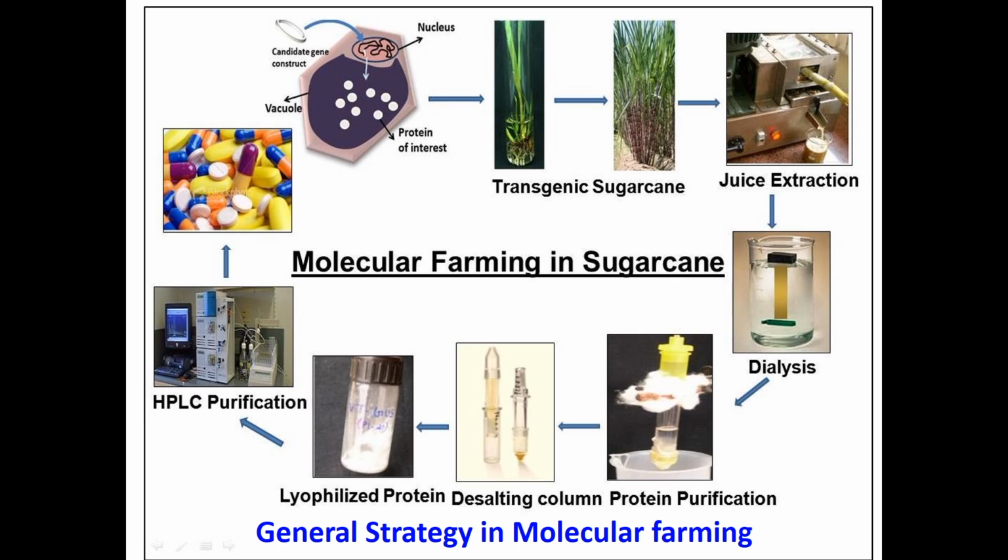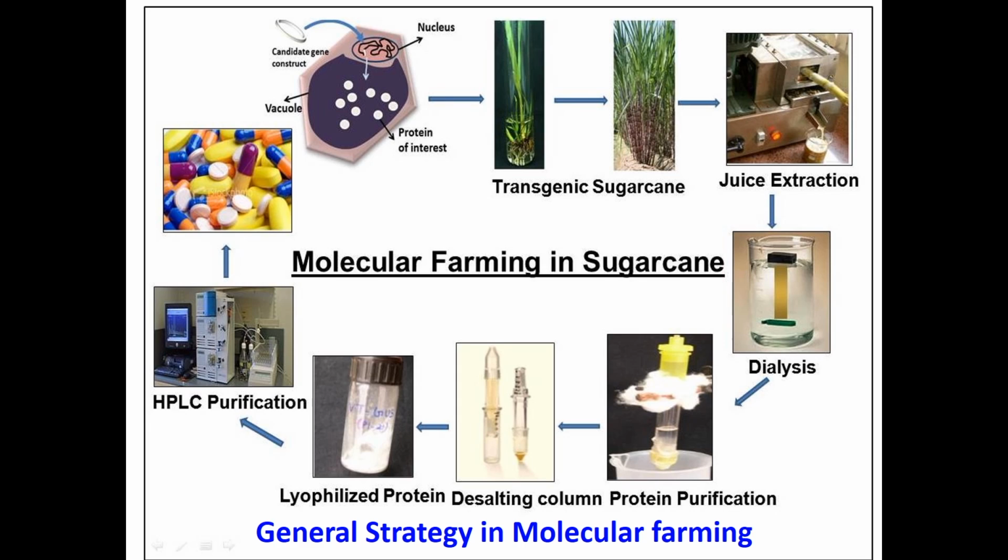In another way, we also develop transgenics through the particle bombardment method. In that method, instead of Agrobacterium-mediated transfer, we directly bombard the callus with plasmids carrying the recombinant DNA construct, and then we allow the callus to regenerate, and after regeneration and hardening we get the full plant.